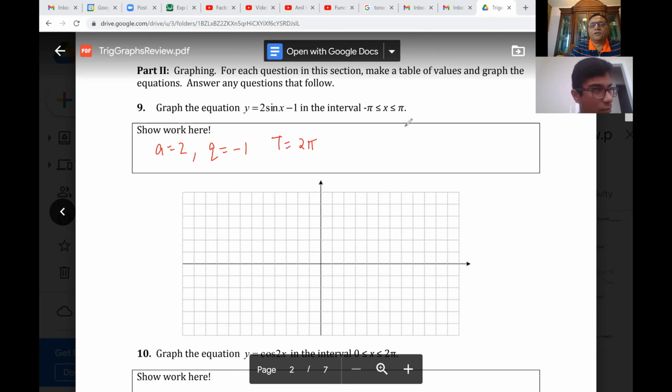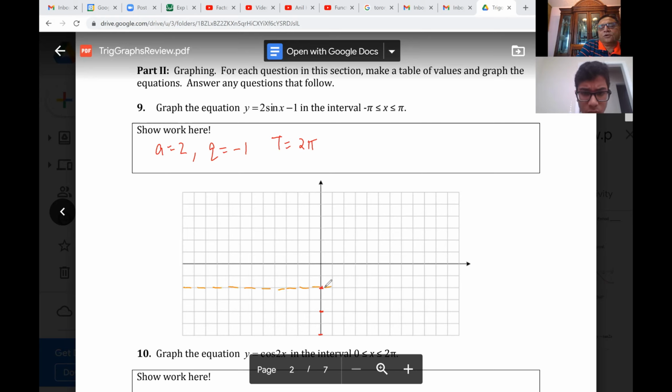And the interval is given to you. The axis is just y is equal to negative 1. So at minus 1, we will draw, and 2 is our value. Let's say this is 1 unit, minus 1, minus 2, minus 3, right? So you can draw the axis at minus 1 first.